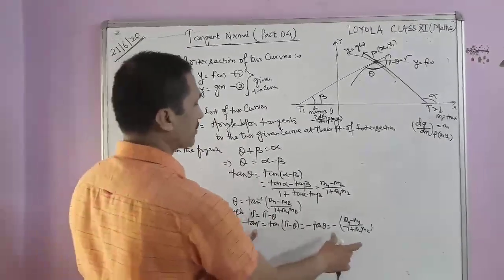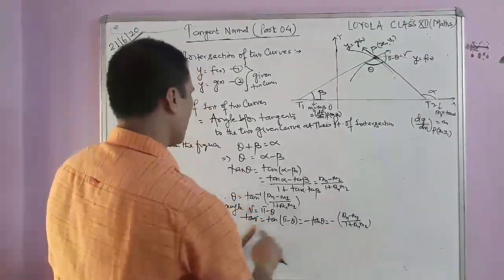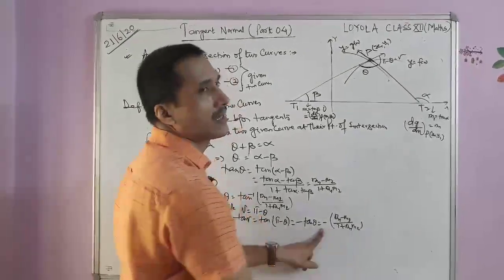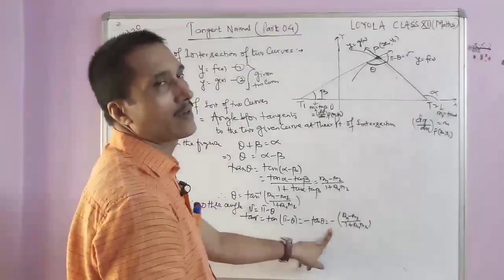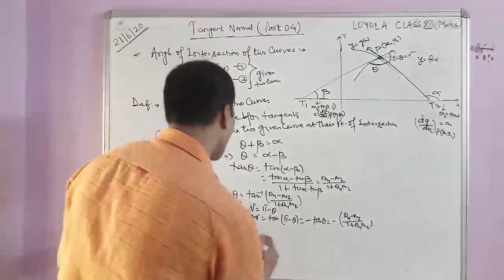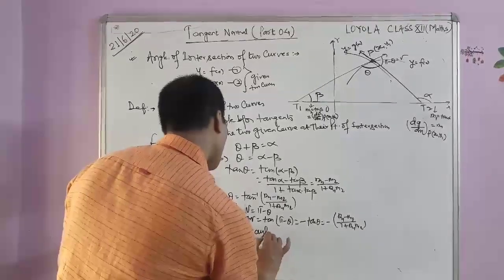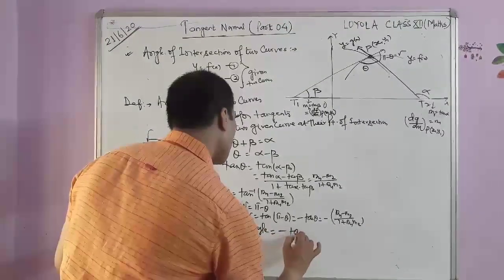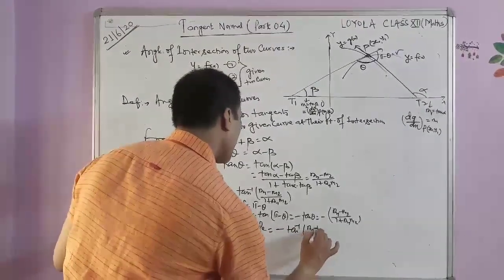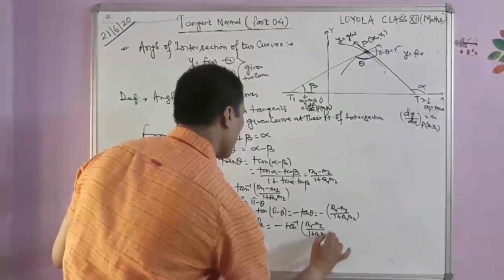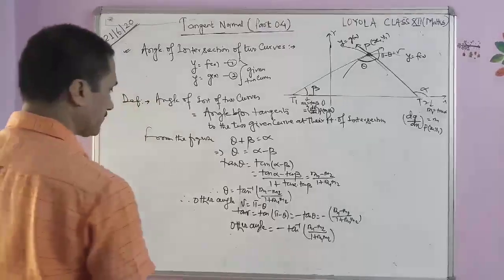So gamma equals tan inverse of minus this; tan inverse of minus x equals minus tan inverse x. So the other angle equals minus tan inverse of (m1 minus m2 divided by 1 plus m1 into m2).